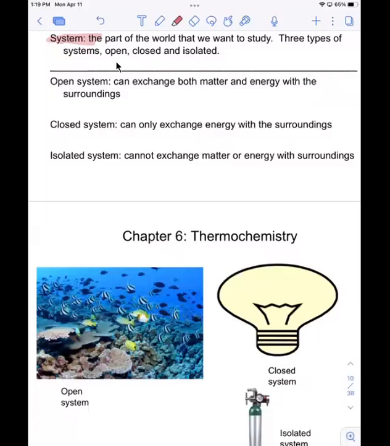And you can understand that with a light bulb, because when you turn the light bulb on, you can feel the heat being transmitted from it, but it doesn't absorb energy from the surroundings, in this case the room where you turn the light on. It's a sealed up system. So it's closed, so nothing can get in, but the energy that system generates can get out. Right? So open, closed, and then isolated.